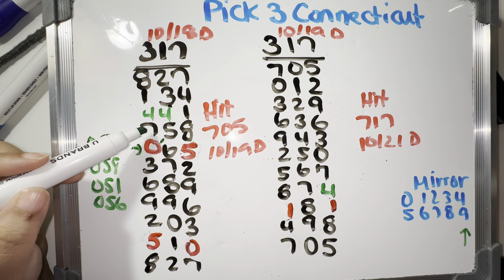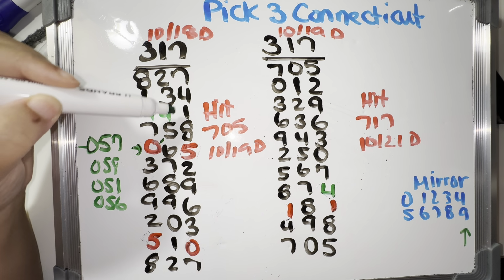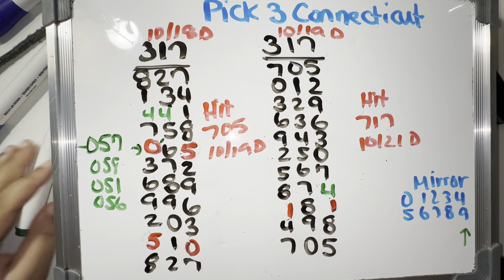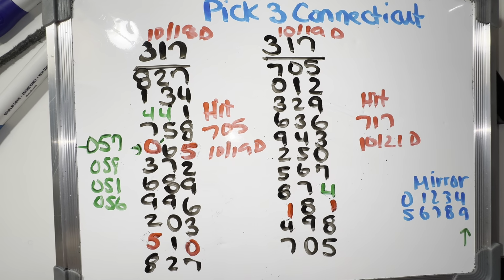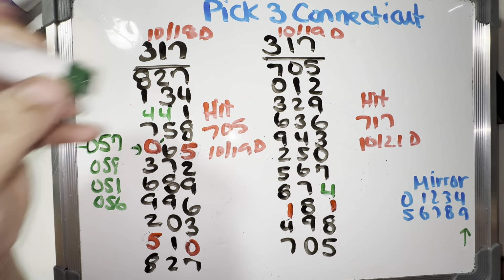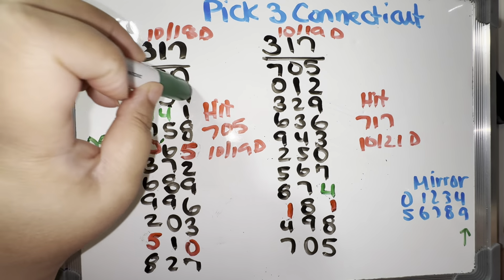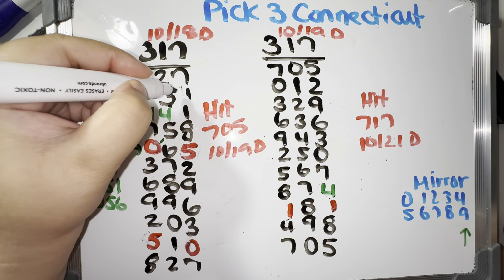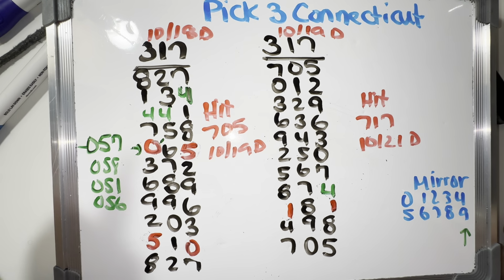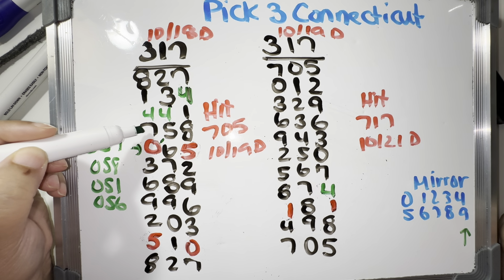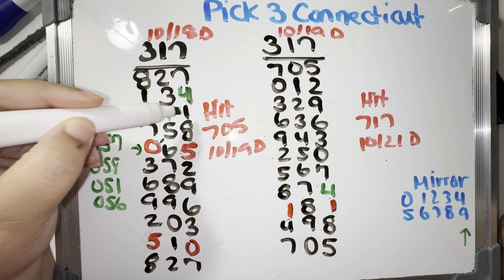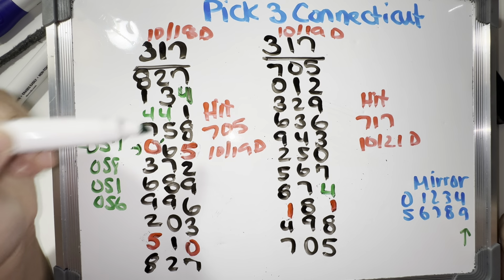Let me see, 0, 5, 0, 5, 1. Here's another 4. Totally missed that one. There's another 4 right there. I'm trying to get my eraser out. Sometimes you miss some, but that's okay. So I would go with 0, 5, 7 because it touches a 4 or 9. 0, 5, 1. Notice how it touches that 4.